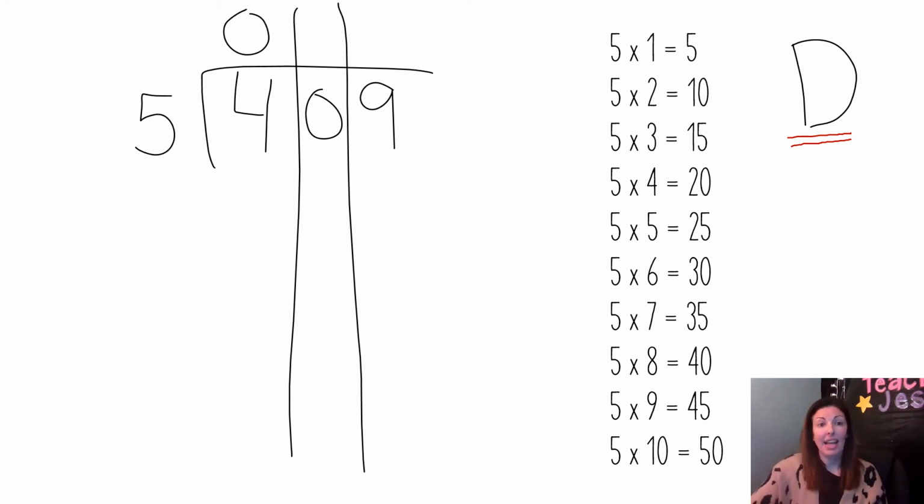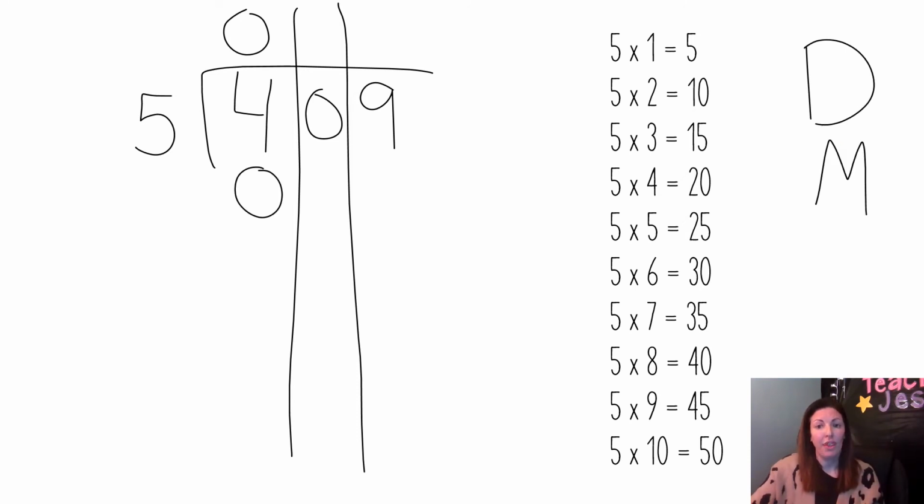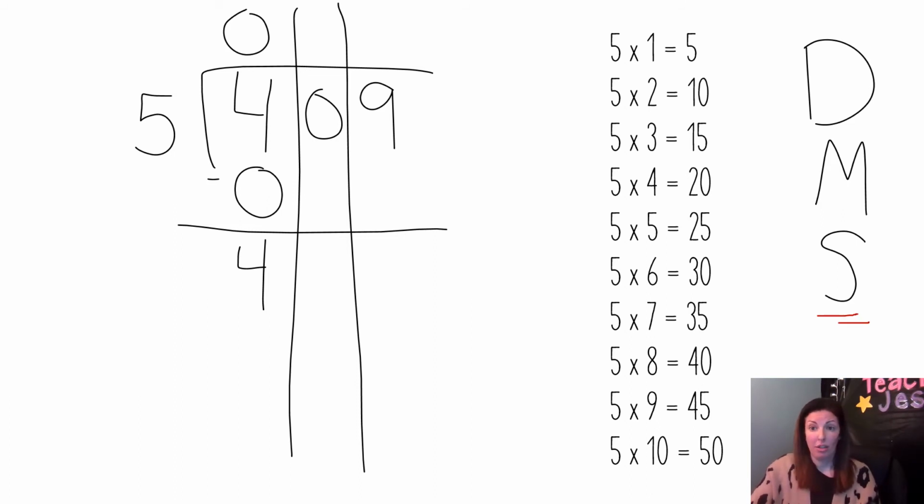Now my next step, I take my 0 into my 5 groups and figure out how many hundreds I used, which is my M, multiply. I didn't use any because I didn't have enough, and that's okay. So then my next step, I subtract, my S, which gives me 4.